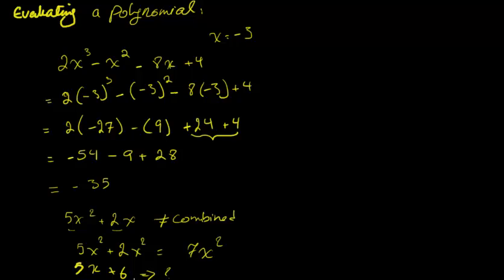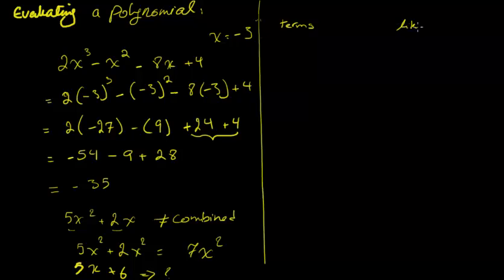Let me put a guideline here for you so you can determine the unlike or like terms in order to be able to combine them. Let's say we have 4x plus 3.